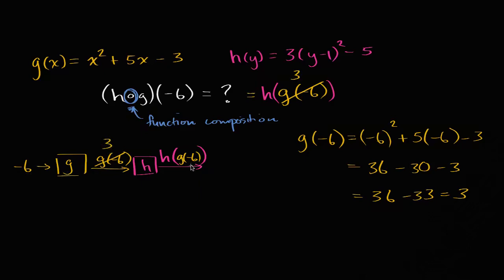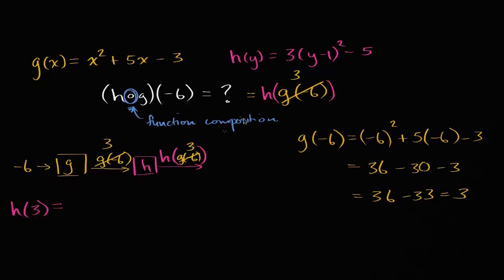And so h of g of negative 6 has now simplified to just h of 3, because g of negative 6 is 3. So let's figure out what h of 3 is. Notice, whatever we outputted from g, we're inputting that now into h. So that's the number 3.